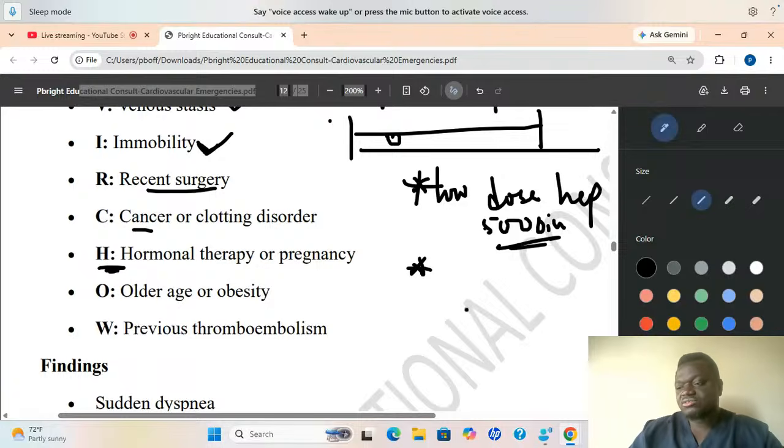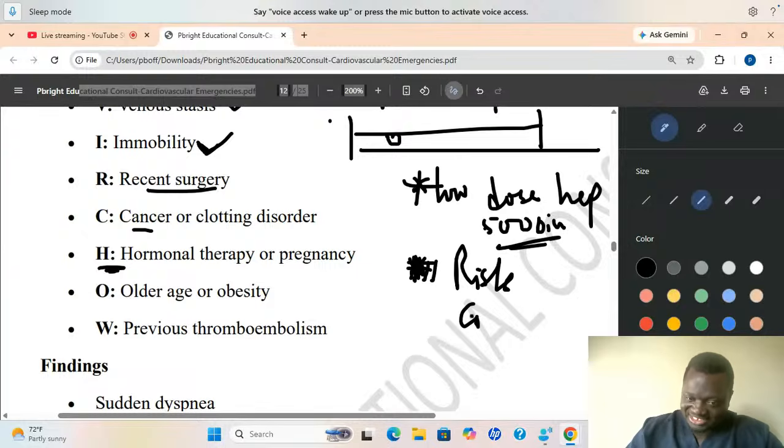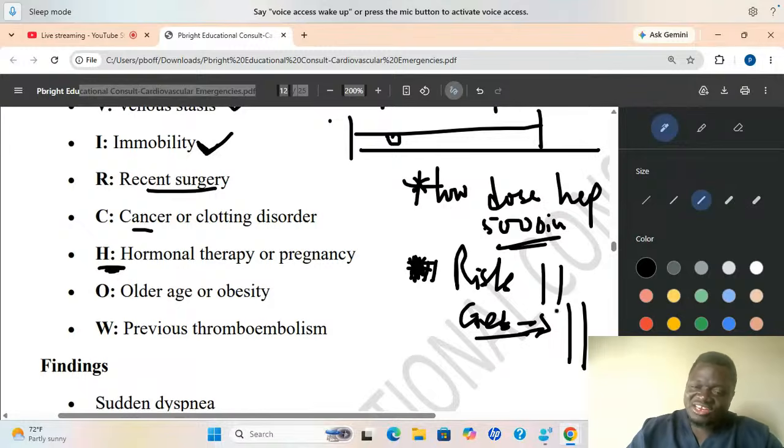If you are not careful, it is a risk factor. Then you get pregnant, and along the line you start developing issues, severe leg pain, all these clotting issues. Also older age, obesity, and previous thromboembolism.